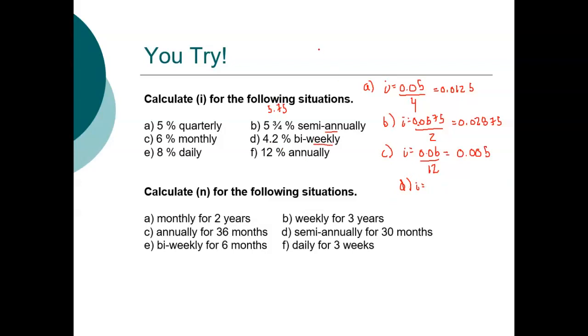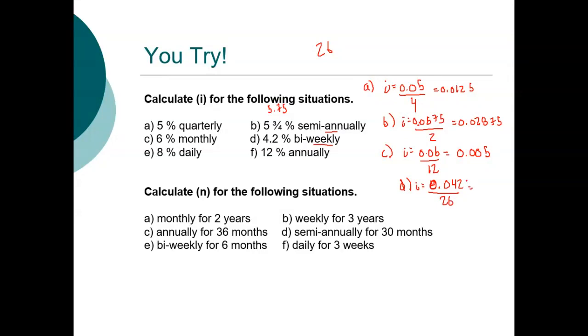For D, I have 4.2%, so bi-weekly. Bi-weekly, I said, was 26 times a year. So we have 4.2 as a decimal. Now you could divide before. You could take 4.2, divide by 26, and then divide by 100, but I like to put it in decimal form first. So 0.042, divided by 26.